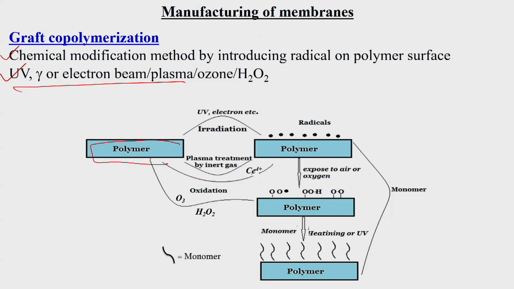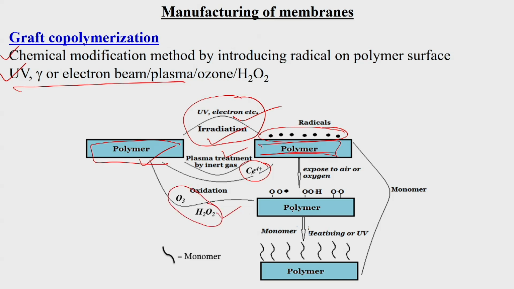Suppose the polymer is there and we use it for a particular application; then we can use UV or electron beam or some irradiation, and plasma also, and maybe selenium also is used. Then on the polymer surface radicals are generated, and using ozone or hydrogen peroxide, these radicals are grafted with different functional groups, and finally a grafted copolymerized membrane will be formed, which will be used for a particular application.